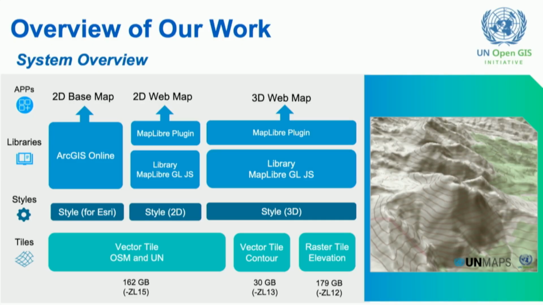To display a 3D web map, we use contour and elevation data together with a 3D style file. So in summary, this slide shows that by combining tiles, styles, and libraries, we can create a variety of web map applications.